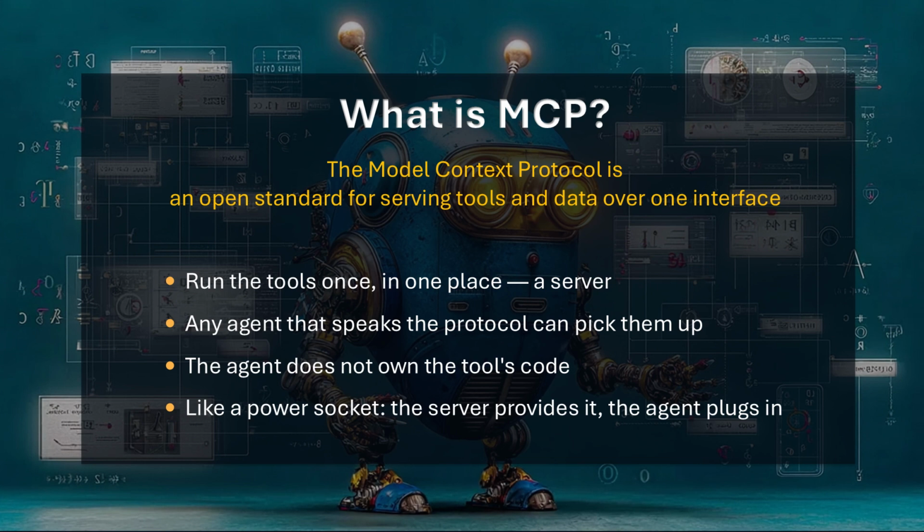The agent does not need to own the code, and it does not need to know how the tool works. Think of it as a power socket for tools. The server provides the socket, the agent plugs in, and the two of them agree on the shape of the plug. That shared shape is the protocol. Nothing else has to match.